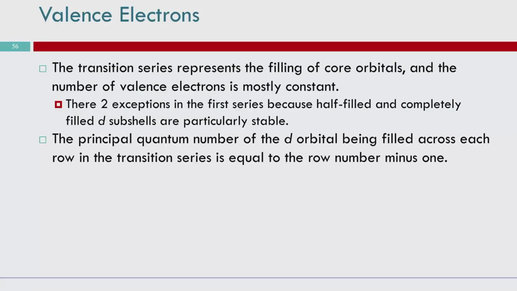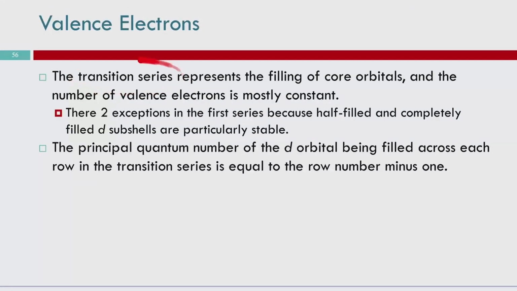What's happening when we are in the transition series, our D block in the middle, our transition metal block represents the filling of core orbitals, core electrons. And for us, that's really all that we need to know.